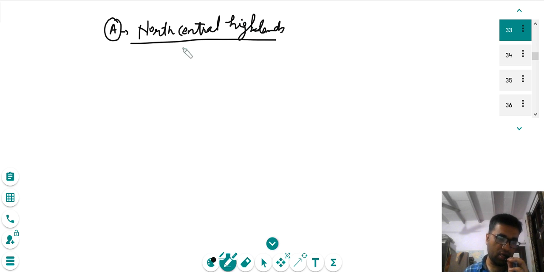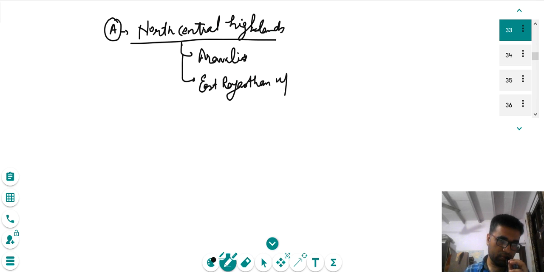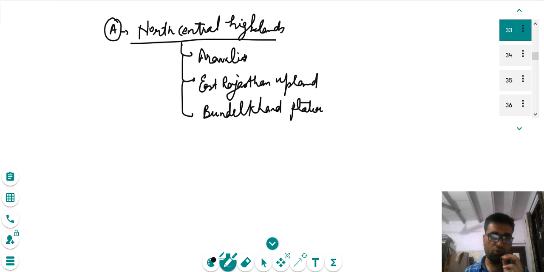North Central Highlands include the Aravali Mountains, the East Rajasthan Plain, and the Bundelkhand Plateau. You will remember these three are part of the North Central Highland.